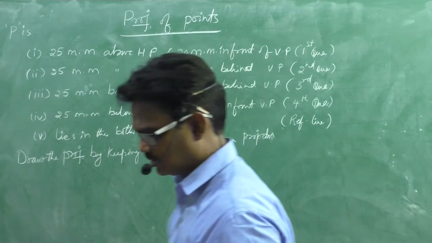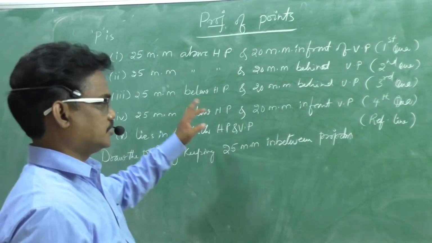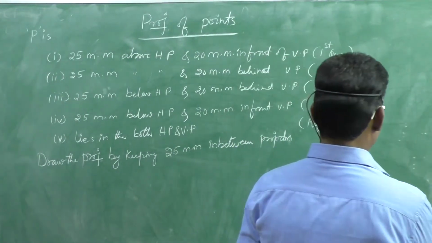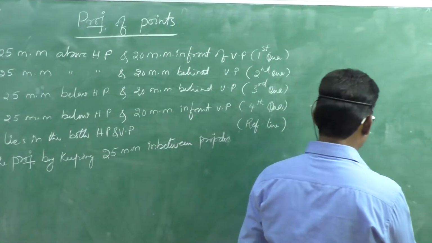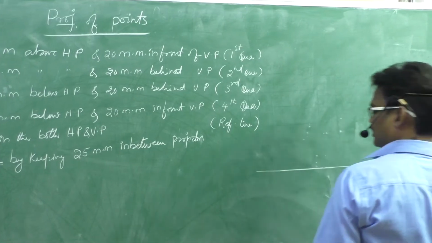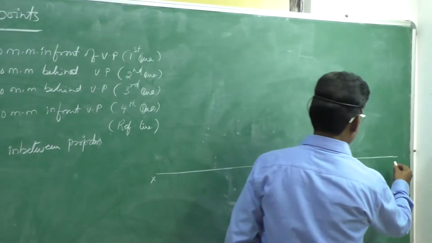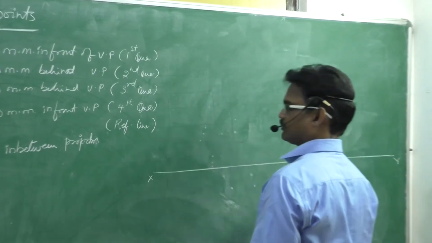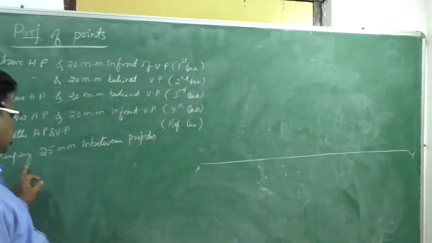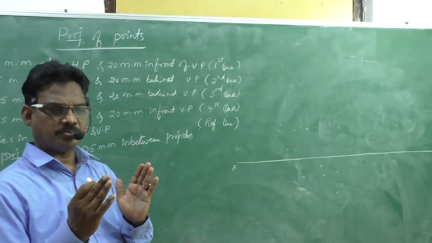Now we will draw the respective projections. For all the cases, we can consider a common reference line. This is the common reference line. Let it be X, Y. And here 5 cases are there, and asked to draw the projections by keeping 25 mm in between the projectors.